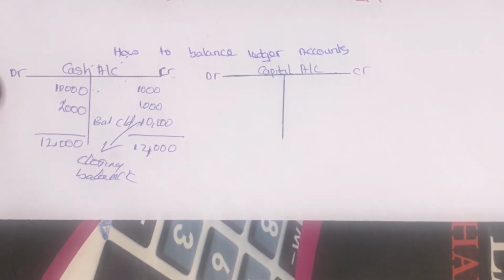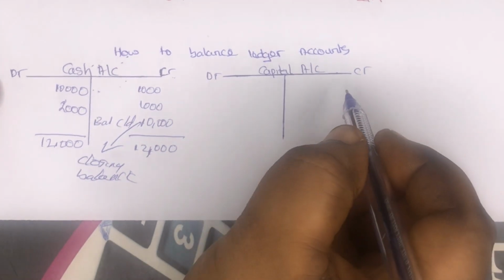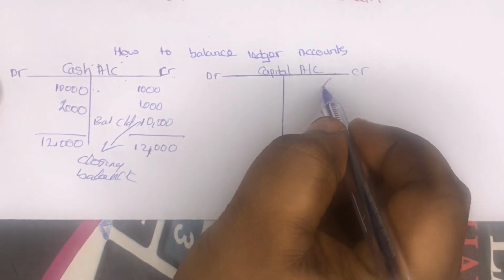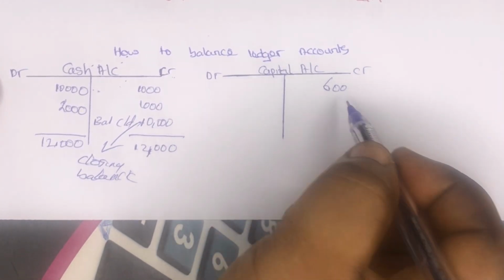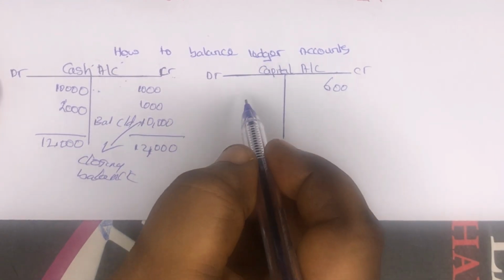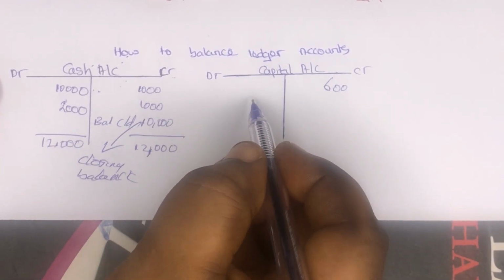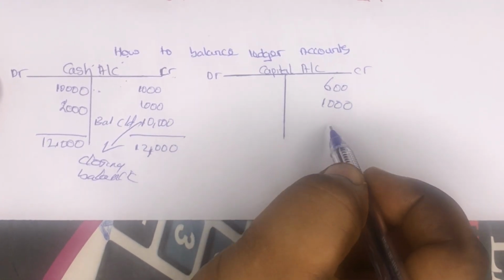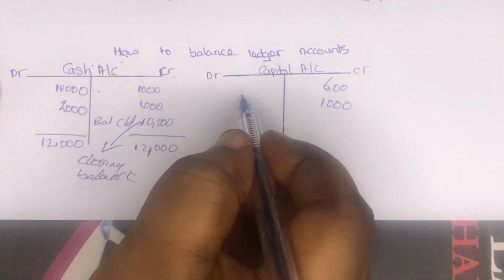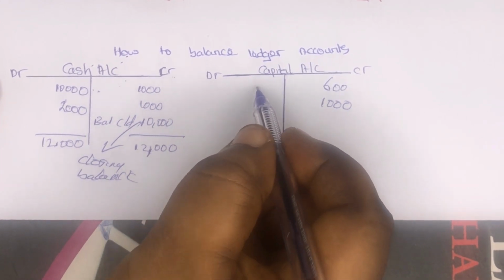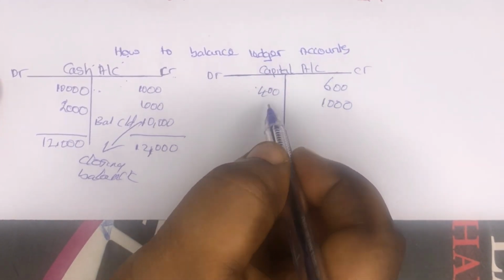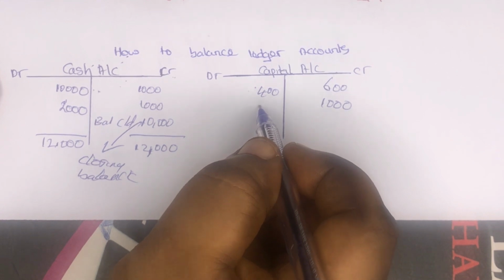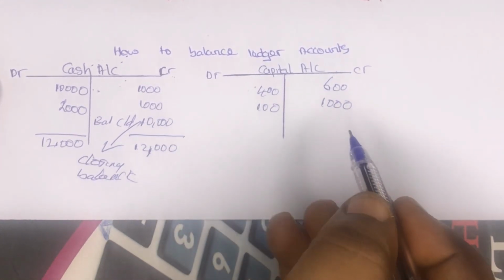So in the capital account, let's assume the cash that we invested was 600, and then we also have some amount here, say 1,000. Then we also have some amount here, 400. Then we have 100.